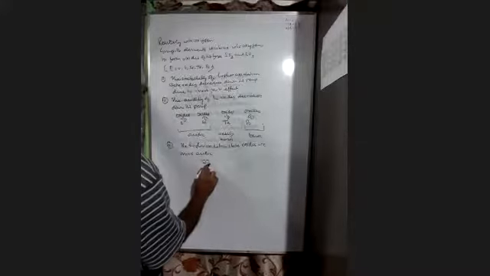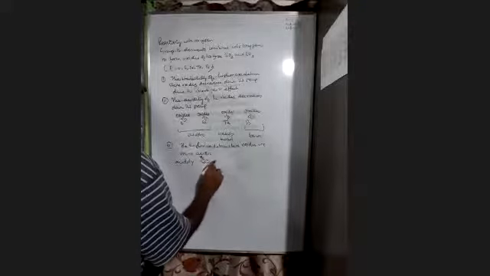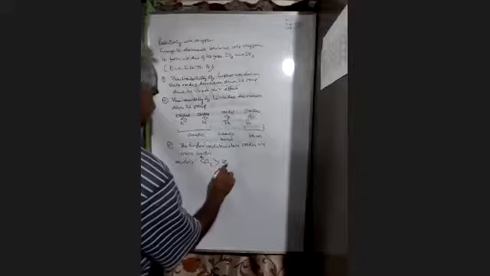What does it mean? See here, you have sulfur trioxide. This is +6. This is more acidic than sulfur dioxide. This is possible information I have to give you for the entrance exam.